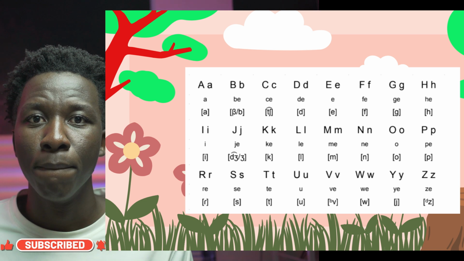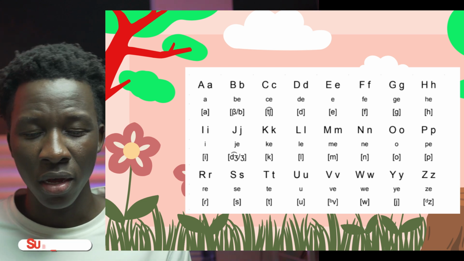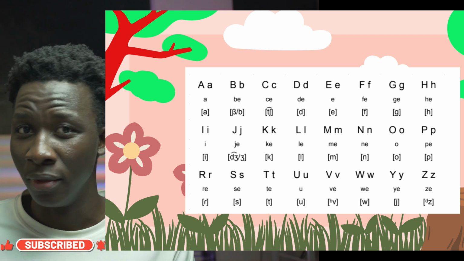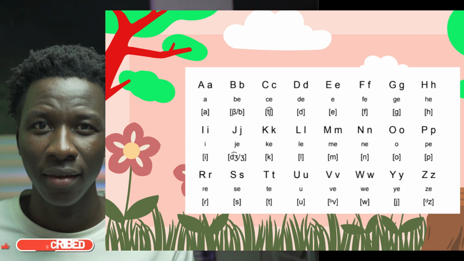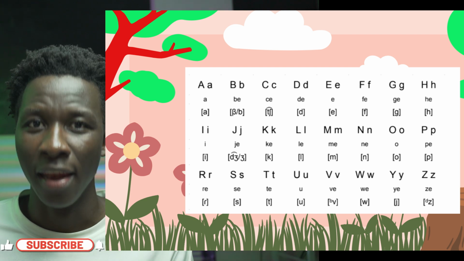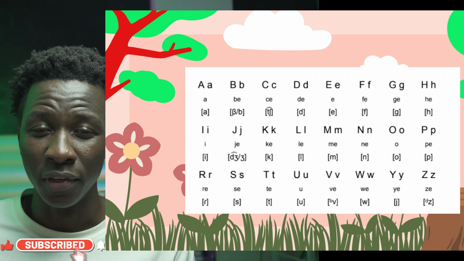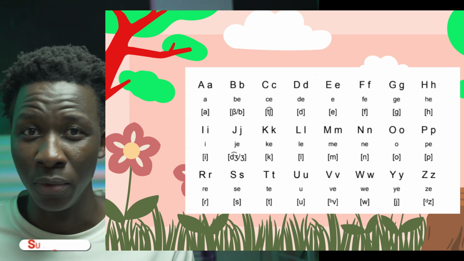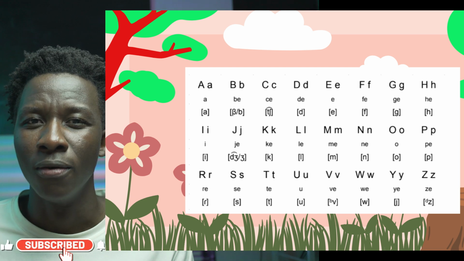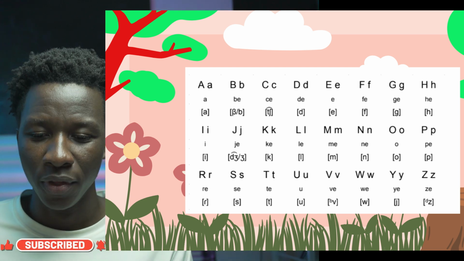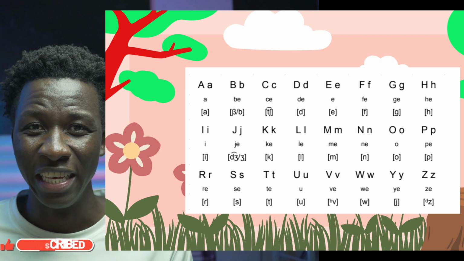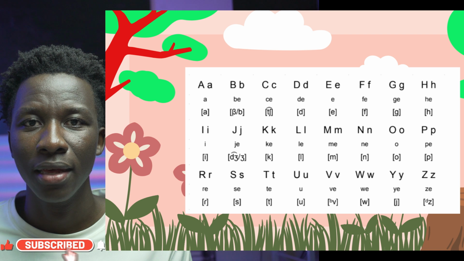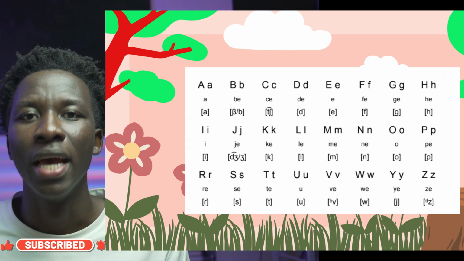In English we say N, but in Kirundi we say ne. In English we say oh, but in Kirundi we say oh. In English we say P, but in Kirundi we say pe.